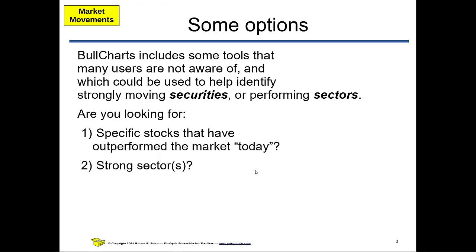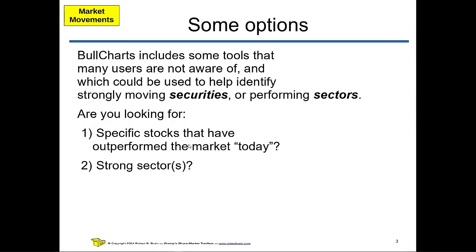In addition to all of that, BullCharts includes some tools that many users are not aware of, and tools that could be used to help identify strongly moving securities or strongly performing sectors. So if you are looking for specific stocks that have outperformed the market today, there are a couple of tools that you can use.